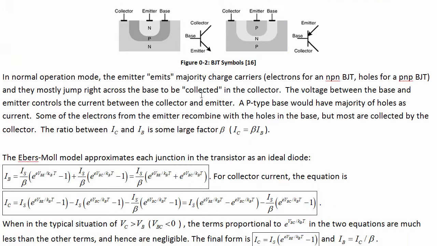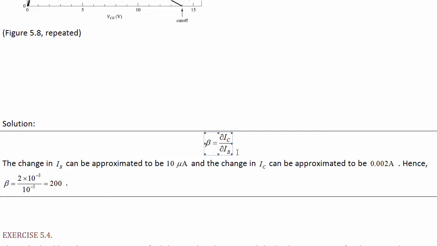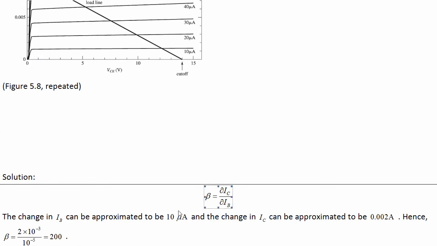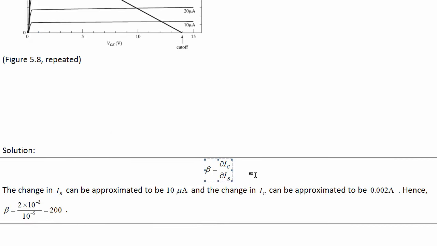Exercise 5.3. For the characteristic curves shown in figure 5.8, estimate the gain beta of the transistor in active mode. So as long as we're in this region over here, find the gain beta of the transistor. All right, well, we know that beta is the rate of change of the collector current with respect to the base current. So you can just read this off the plot.